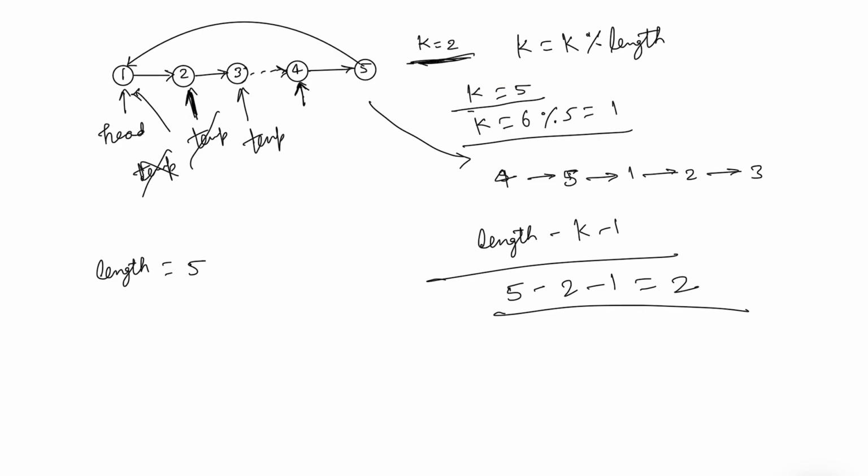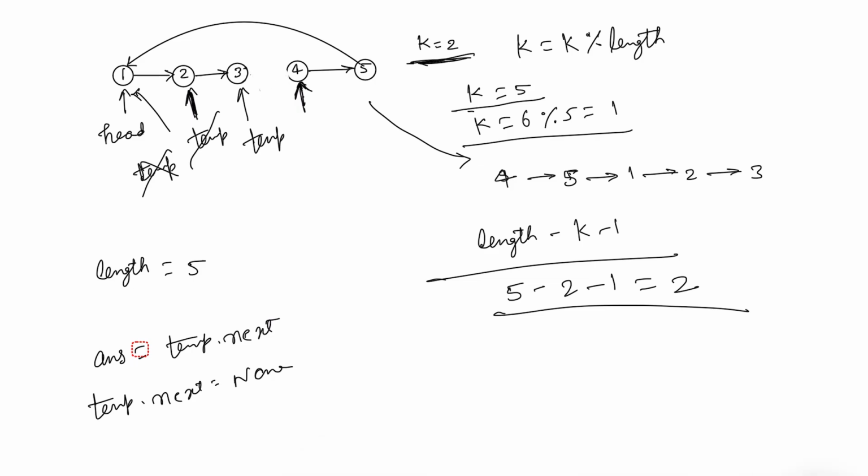So in our new linked list, our head should be this pointer 4. So I will store this one in answer, and this will be temp dot next. And after that, I have to delete this next pointer. So temp dot next should be none. That means this will be deleted.